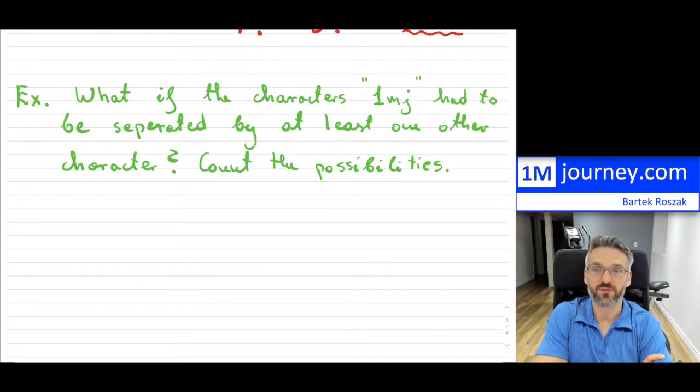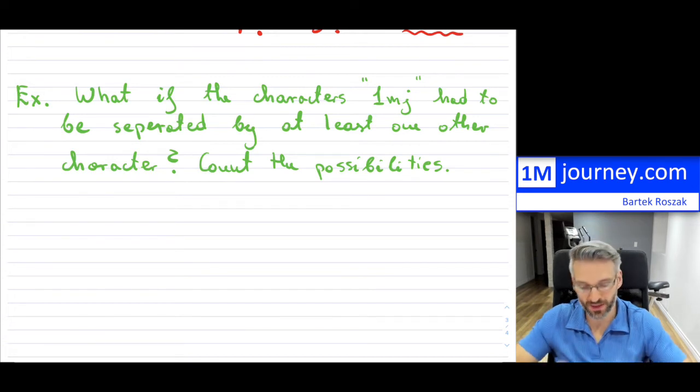So what if the characters 1, M, and J had to be separated by at least one other character? Now we want to count all the possibilities. Typically students will have an issue with this one.